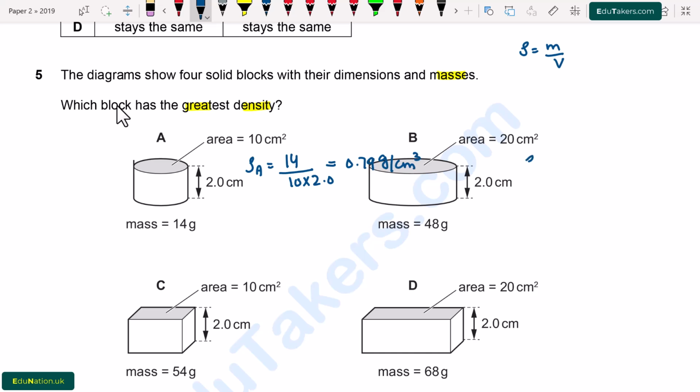For the block B, density will be 48 divided by 20 multiplied by 2.0. 20 centimeter square is basically area and 2.0 centimeter is height. So the density for the block B will be equal to 1.2 gram per cubic centimeter.